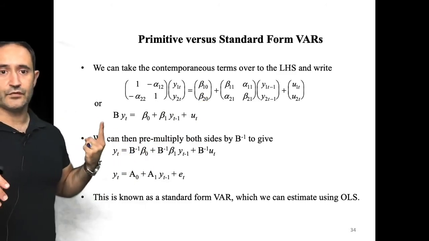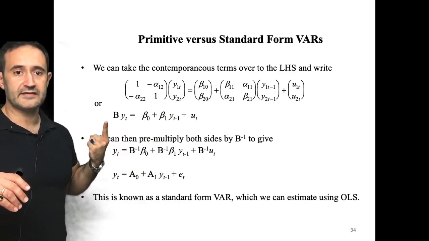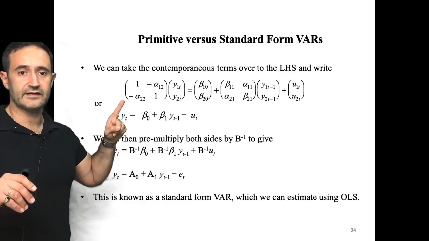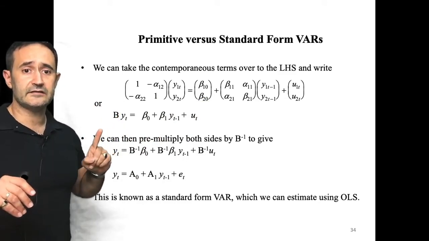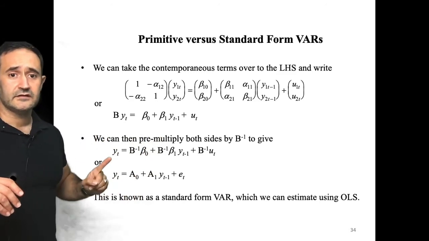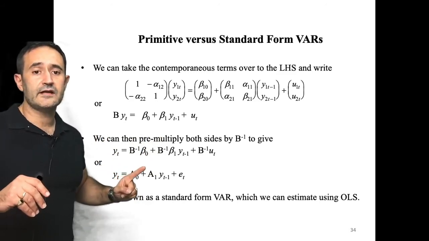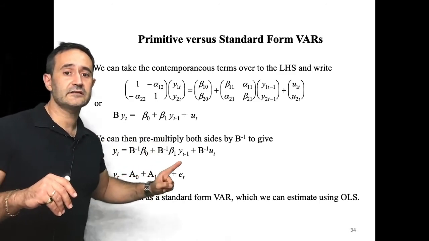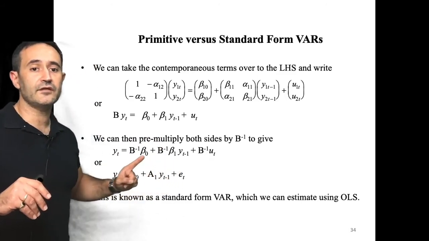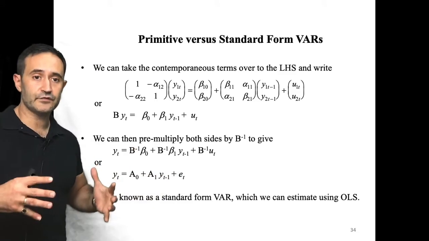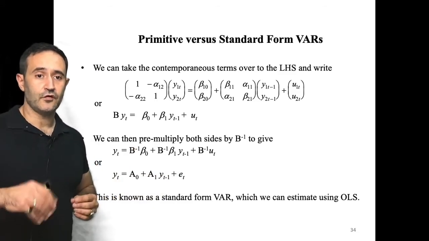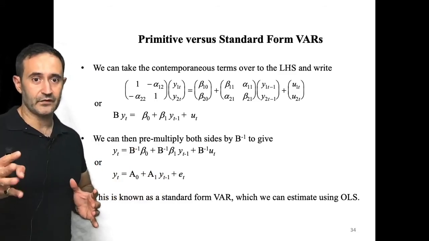Okay, so then we are going to call B this matrix with coefficients, this one here, and if we actually move this B to the other side of the equation, we are somehow saying that we have rewritten the model in a VAR way so as not to have contemporaneous values of the variables on the right hand side.